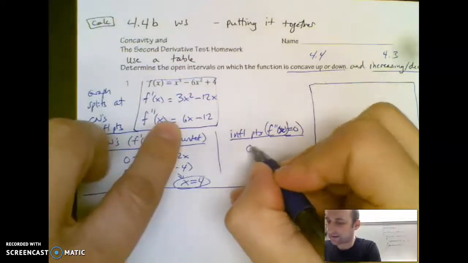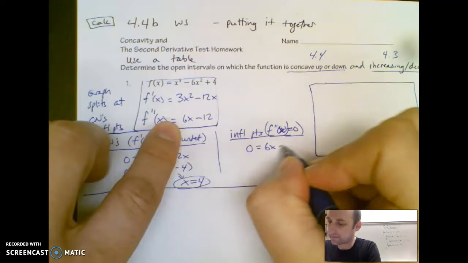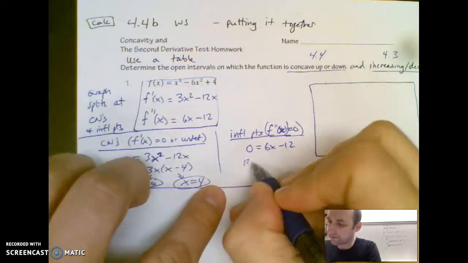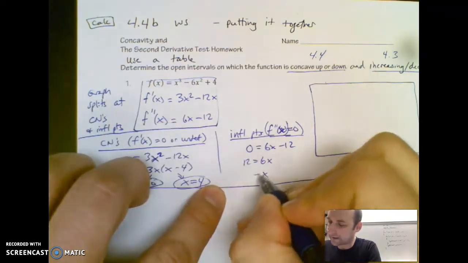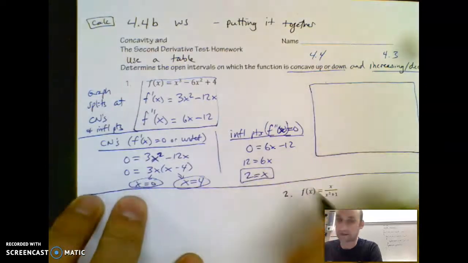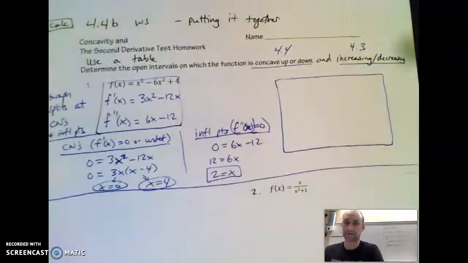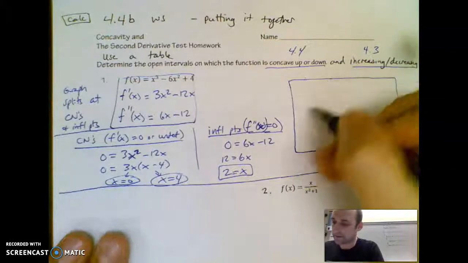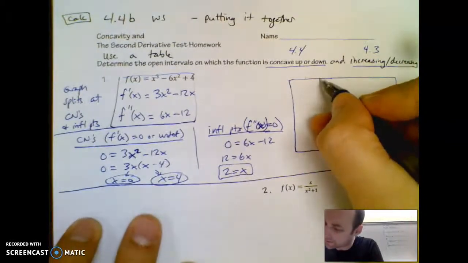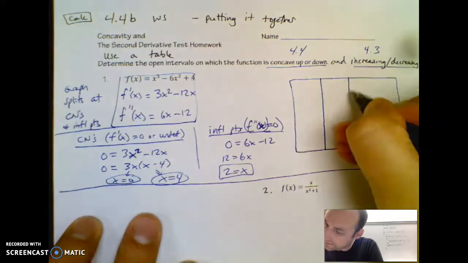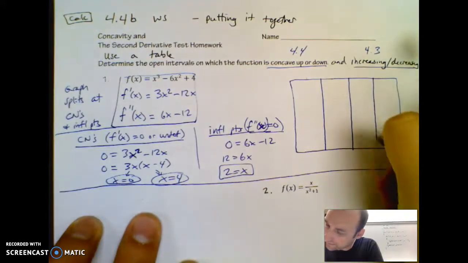So I take this guy and set him equal to 0. And I move the 12 over, and I get 2. Okay, see, that's good I did that, because otherwise you would be missing some stuff. So now my graph is going to split at 3 places: 1, 2, 3.